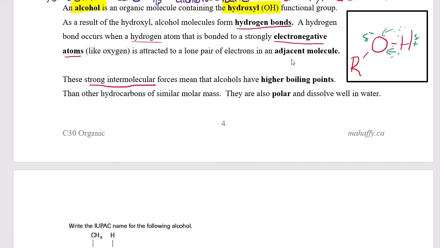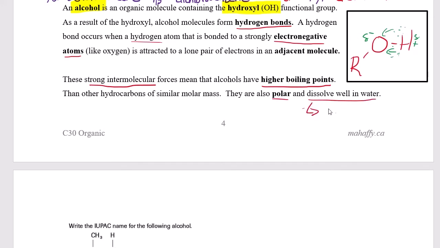Because we have this strong attraction, which leads to high boiling points and high melting points. It takes a lot of kinetic energy to overcome these forces and to pull two alcohols apart from each other. And as a result, they have high melting and boiling points. So remember, that means too, they're polar molecules and they dissolve well in water typically, because water is a polar molecule too.